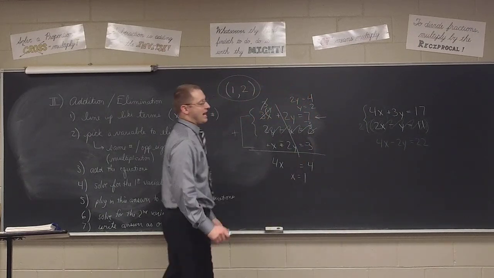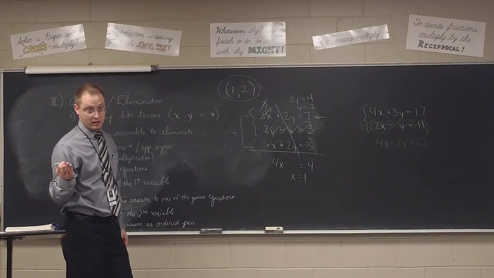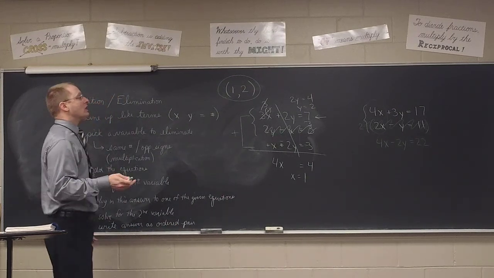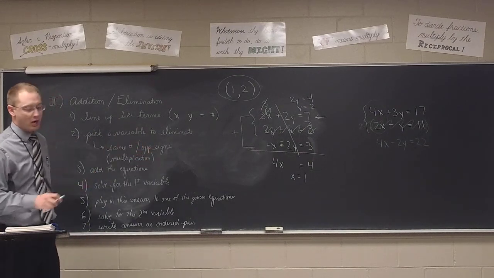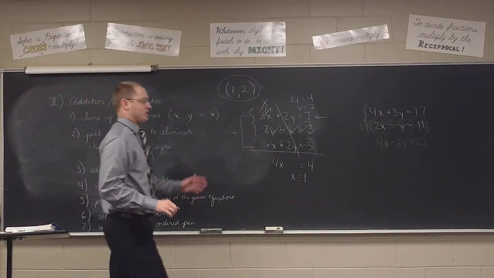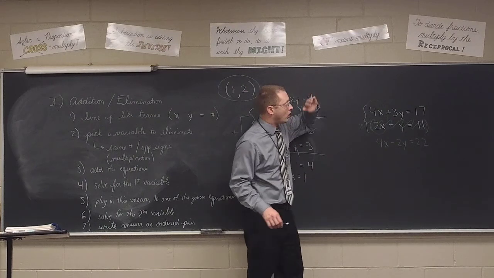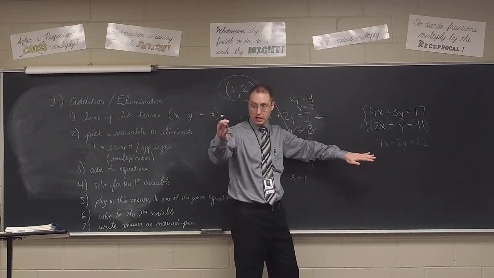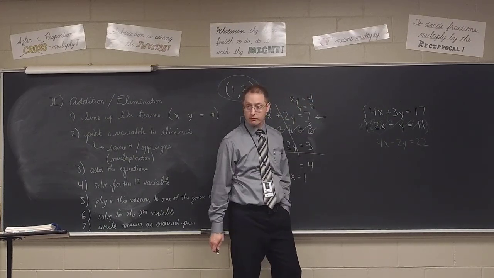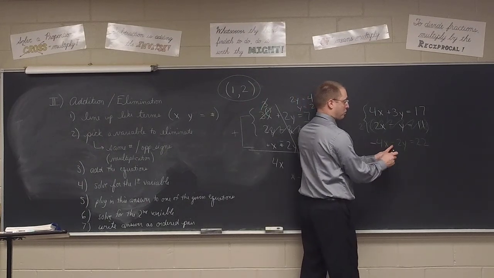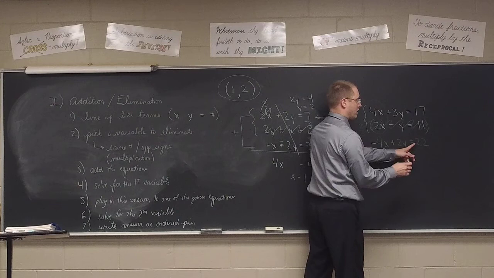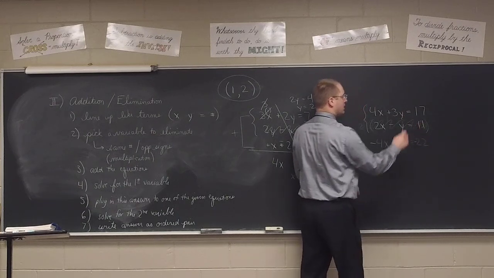But I don't yet have, class, opposite signs. So then as a second step here, because we didn't have opposite signs to begin with, we need to change all the signs in the top or all the signs in the bottom equation. Brecken, which one? Bottom equation. So my 4x becomes negative, my 2y becomes negative, and my 22 becomes negative.